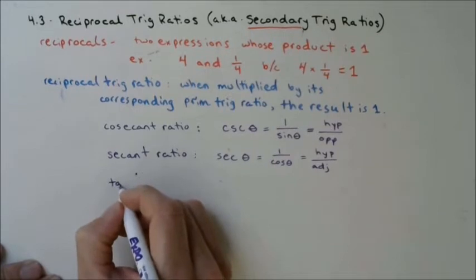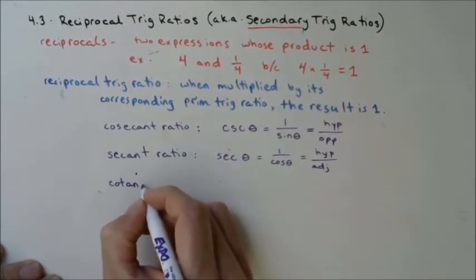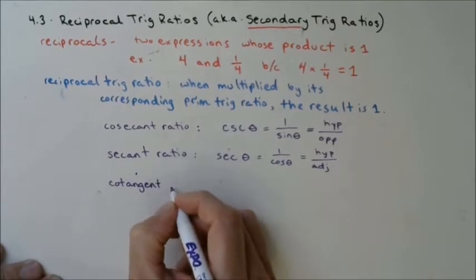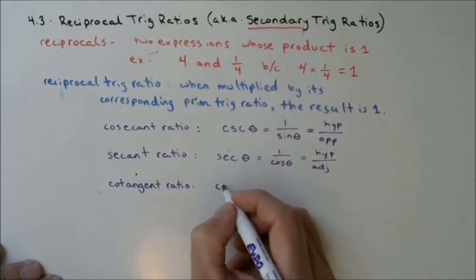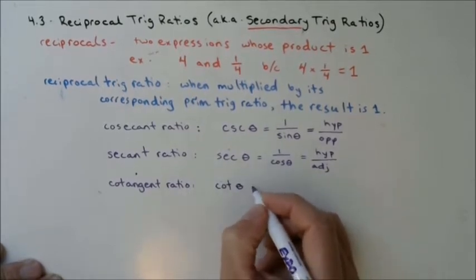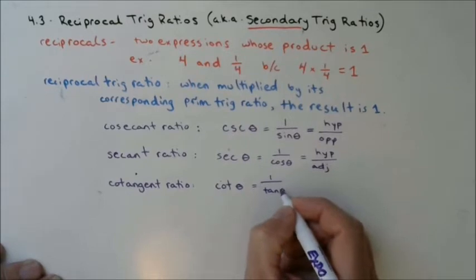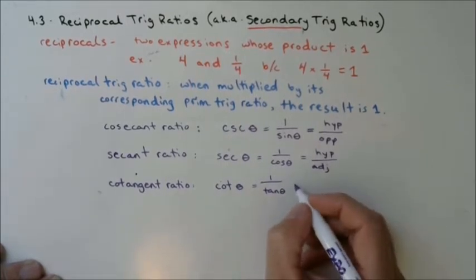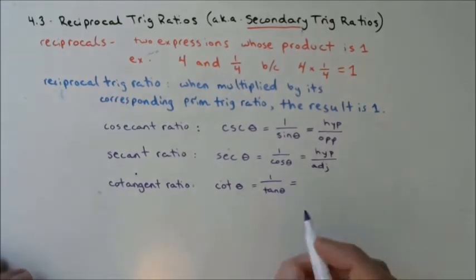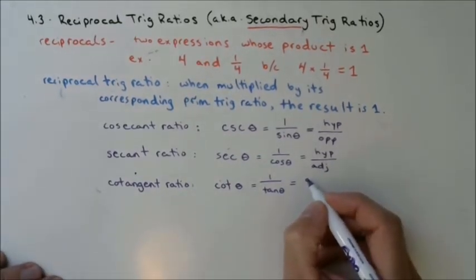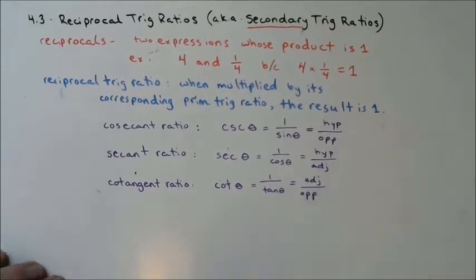And the last one, the cotangent ratio, is indicated by COT of theta. It's the reciprocal of tan, so it's equal to 1 over the tangent of theta. And since tan is opposite over adjacent, the cotangent is adjacent over opposite.